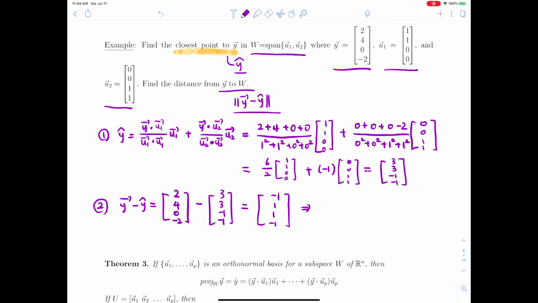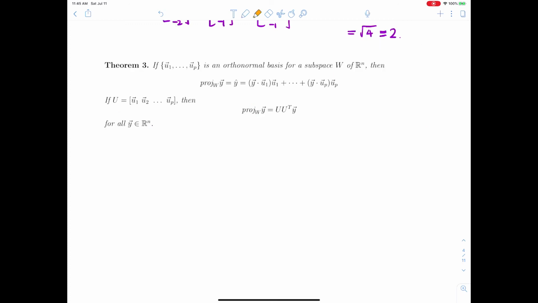So from here, we can calculate the distance from y to W, which is given by the magnitude of y minus y hat. This equals the square root of (-1) squared plus 1 squared plus 1 squared plus (-1) squared, or the square root of 4. In other words, the distance equals 2.